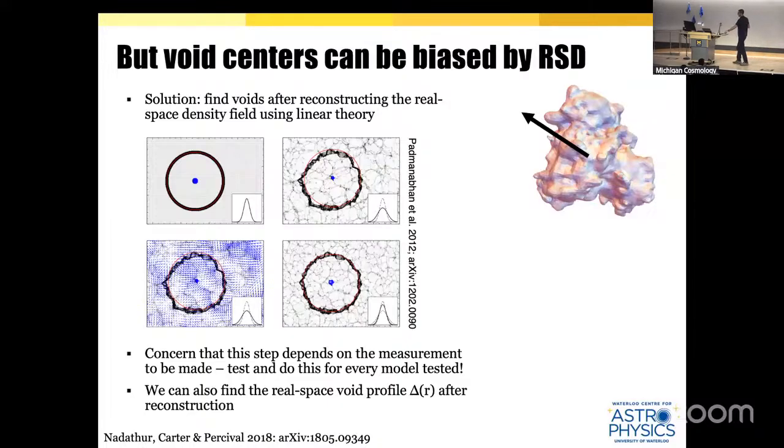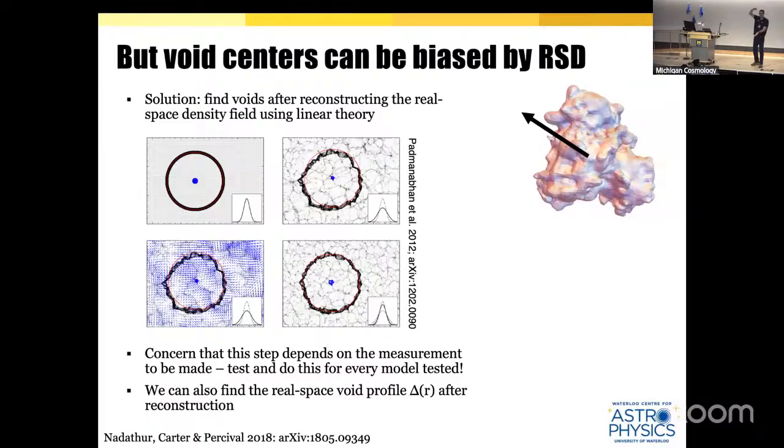Suppose you use a spherical void finder, which means you're finding voids by smoothing the field with a spherical filter, and you're looking for troughs, really low points, and you're going to call them void centers. But now suppose you're doing that on a field that still has some redshift space distortions in it. Then that spherical void finder is going to preferentially find voids that have a very low amplitude of redshift space distortions, because they're going to find spherical voids, whereas actually your voids are going to look a little bit extended along the line of sight.